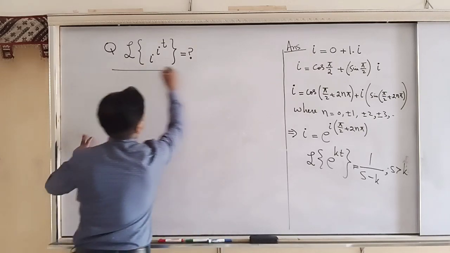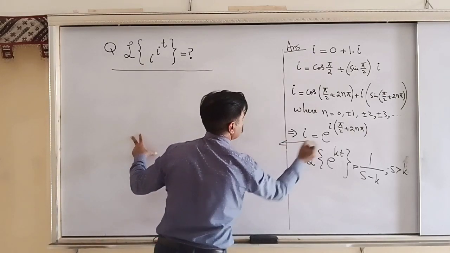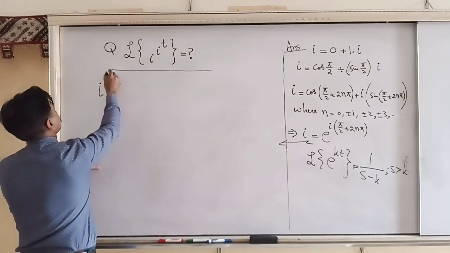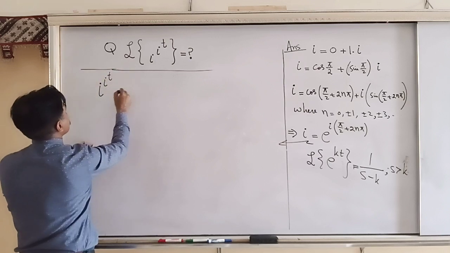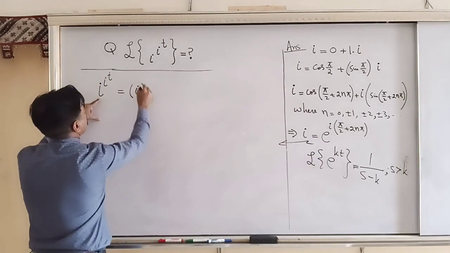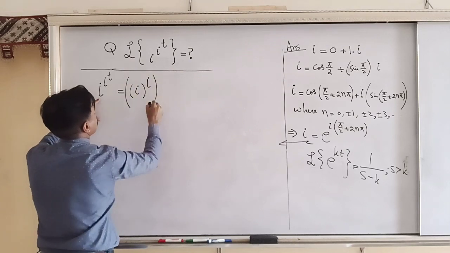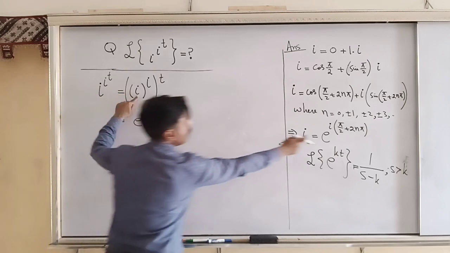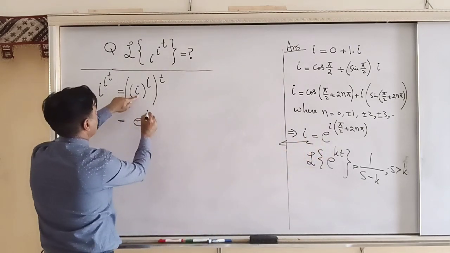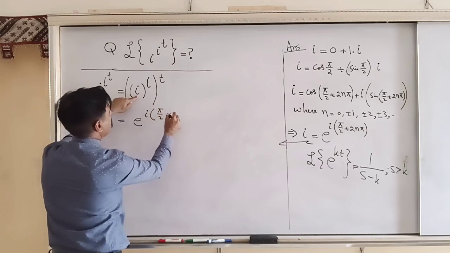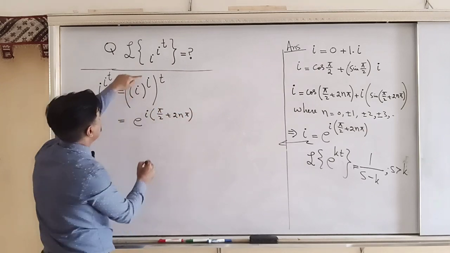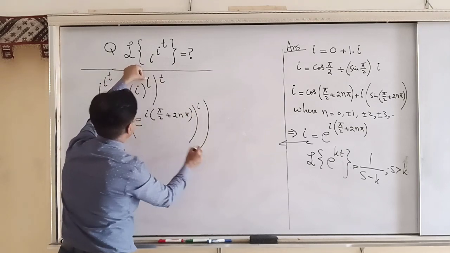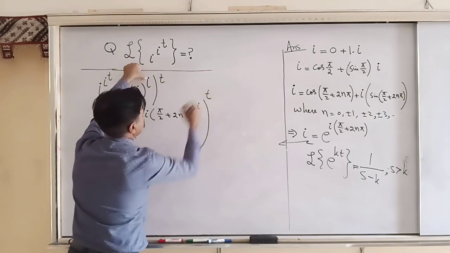So come here, and move into this side: iota power t, which is in fact iota exponent t, and write the values. This iota is e to the power iota into pi by 2 plus 2n pi, in a bracket, and then you have t.